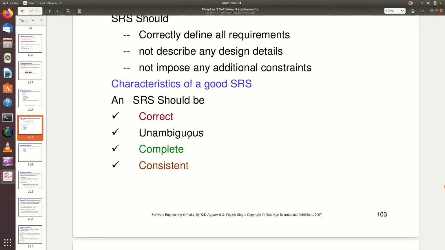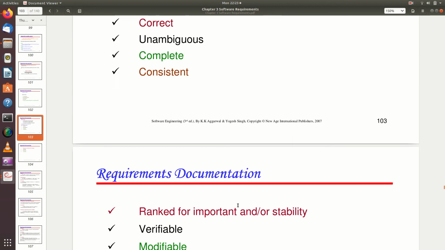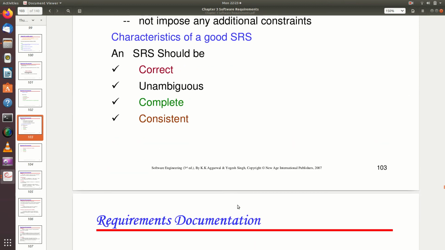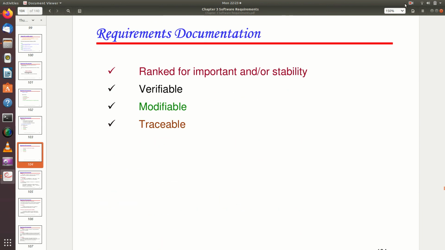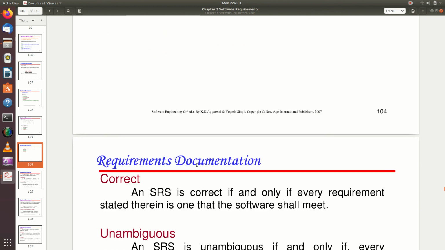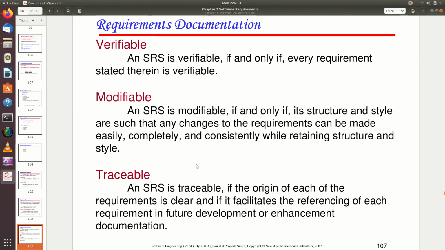It is correct, it is unambiguous, it must be complete, it must be consistent, ranked for importance and stability, verifiable, modifiable and traceable. So totally you have 8 different characteristics that can be specified for a good SRS. We will discuss the documentation more in the next video.